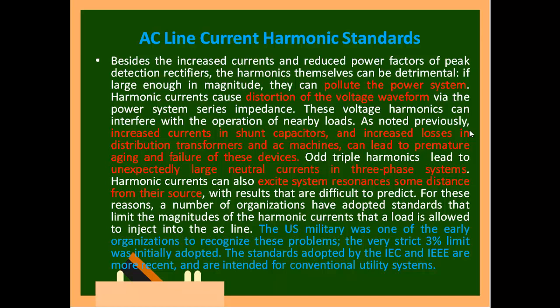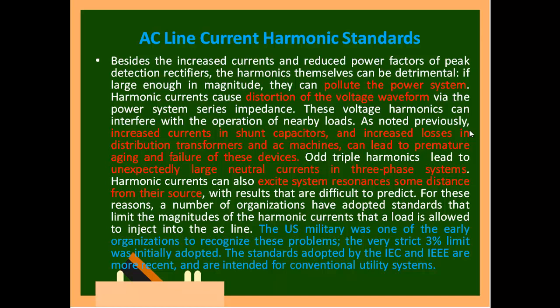If large enough in magnitude, they can pollute the power system. Harmonic current causes distortion to the voltage waveform via the power system's series impedance. These voltage harmonics can interfere with the operation of nearby loads, as noted, increase current in shunt capacitors and increase loss in distribution transformers and AC machines, and lead to premature aging.